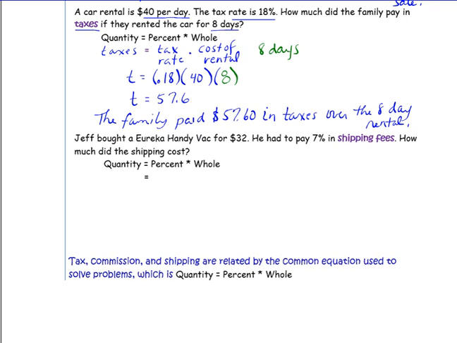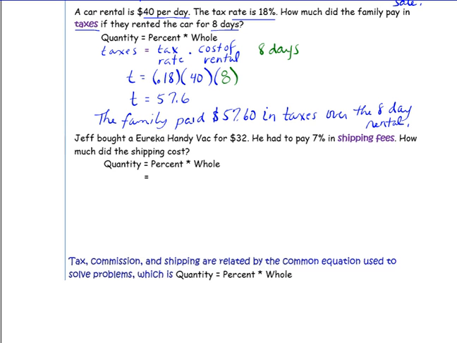For the next question, Jeff bought a Eureka Handyvac for $32. He had to pay 7% in shipping fees, so he probably bought it from a website or Amazon. And the shipping fee is a percent of the sales. How much did the shipping cost? So the shipping is a part of the whole.